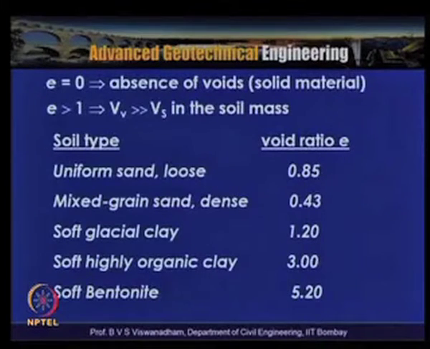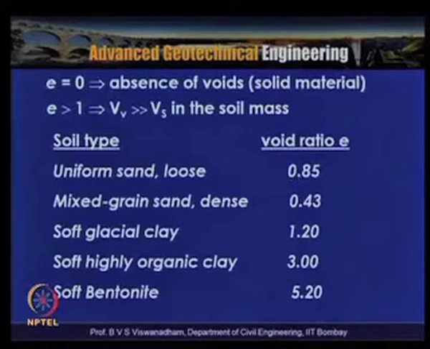In the table here, typical soils are given. For example, uniform sand in the loose state, which we are going to discuss in subsequent lectures: if you have uniformly graded sand particles, the void ratio is about 0.85. If you have mixed grain sand in a dense condition, the void ratio can be as low as 0.43.